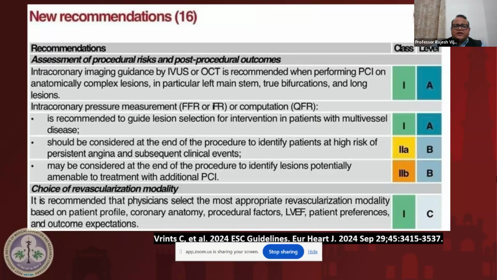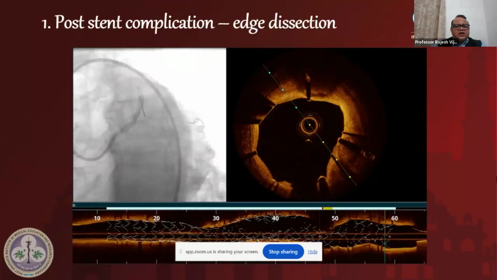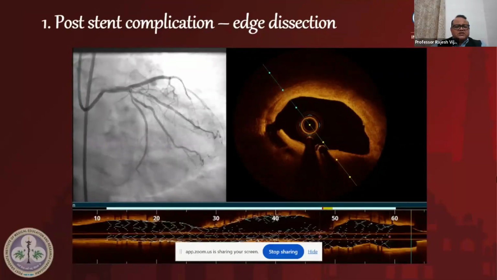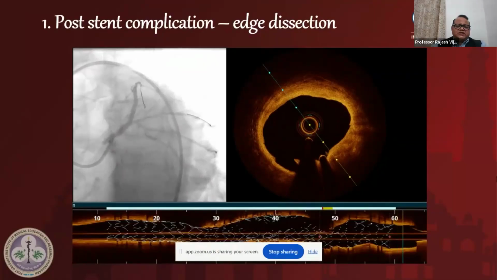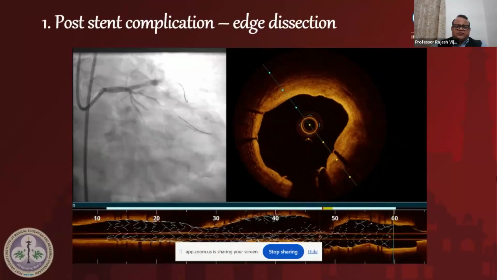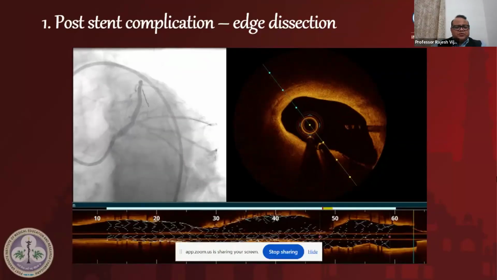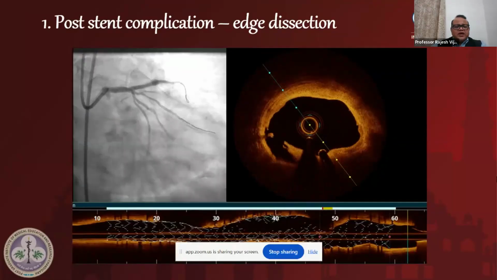In this particular case, angiographically, we had a left main to LAD provisional stenting. It seems good, but the OCT did show a significant dissection in the left main proximal to the stent, and an additional stent was put. So here comes the role of imaging for the left main.